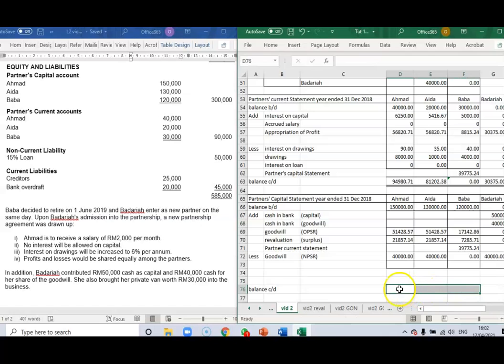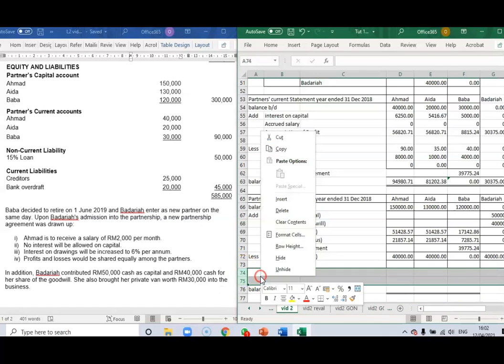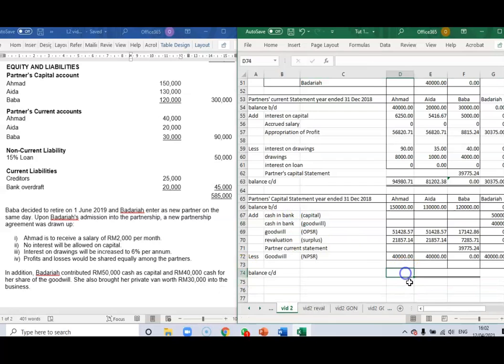So then you will calculate the balance carry down. So the balance carry down, the add. Oh, I nearly forgot.